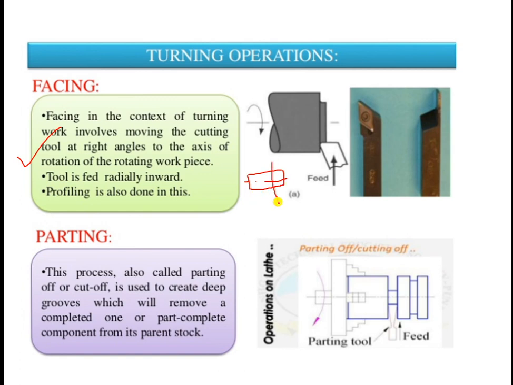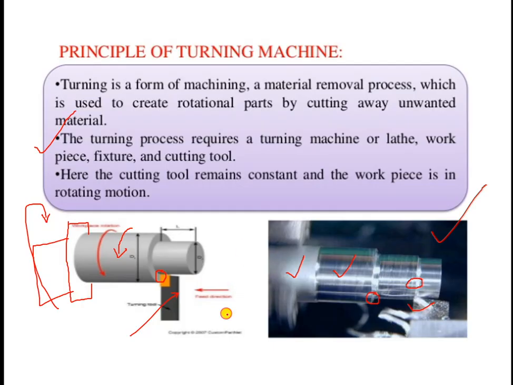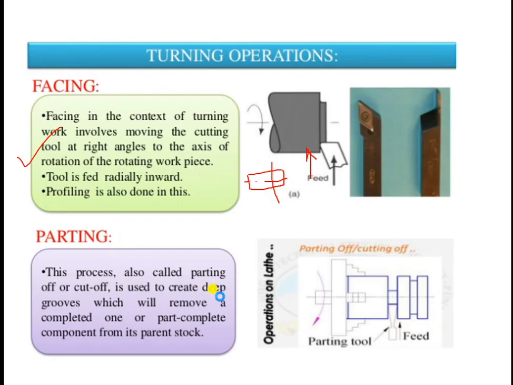If you want to cut this length, the tool moves in this direction, whereas in the earlier case the tool moved in that direction. The feed was given longitudinally, while in this case the feed is given transversely with the single point cutting tool.